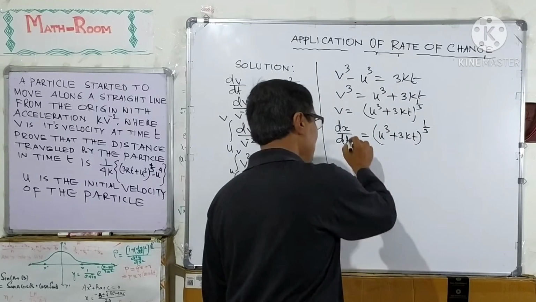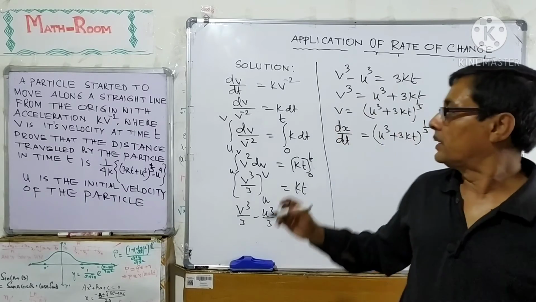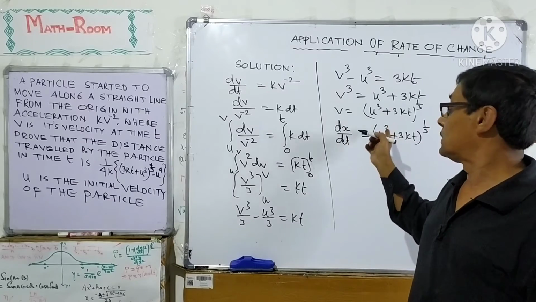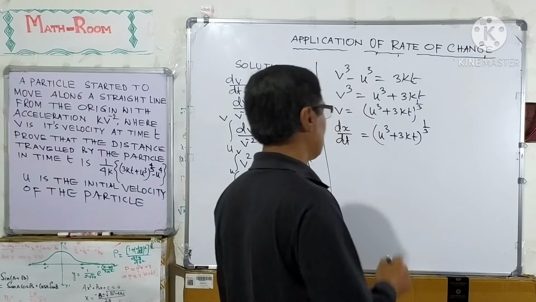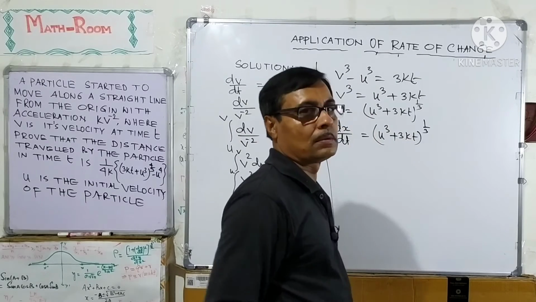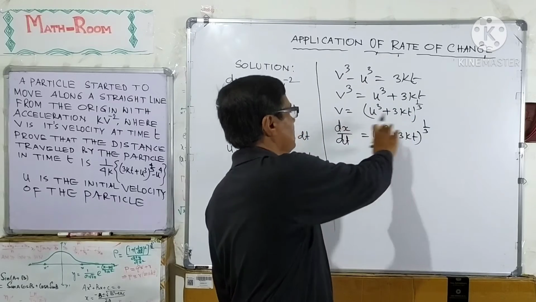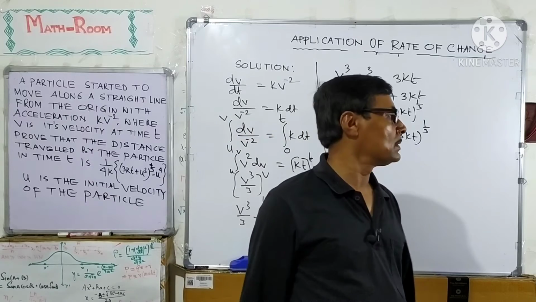So, here also we have got an equation. This equation is also an ordinary differential equation, so here also we can solve it using the method of separation of variables.